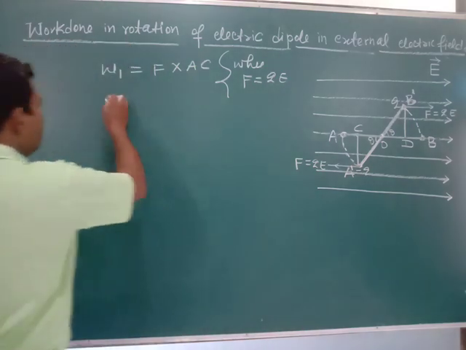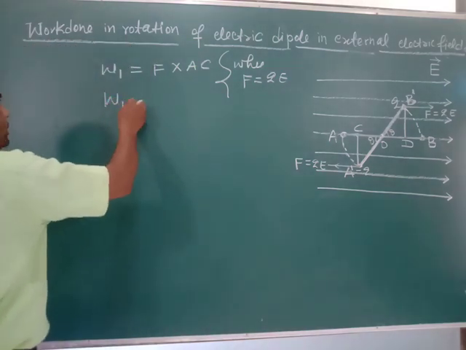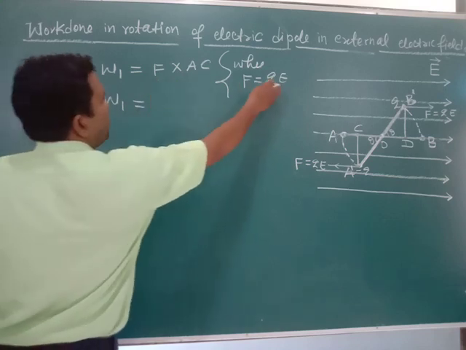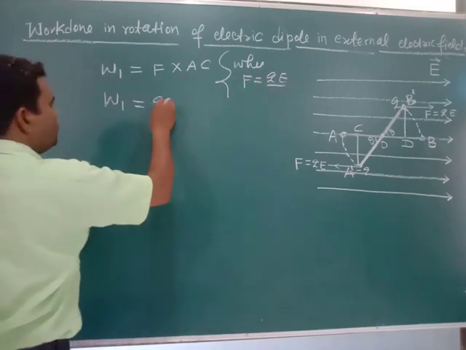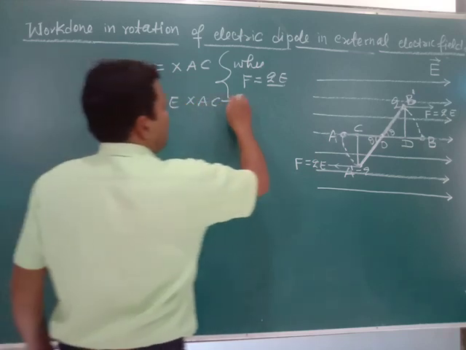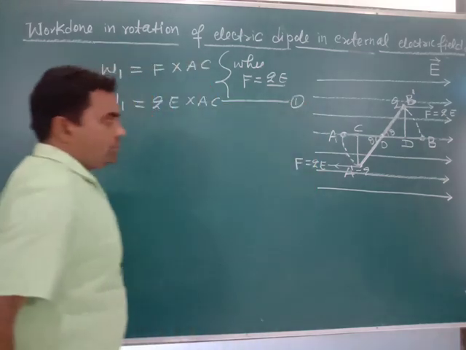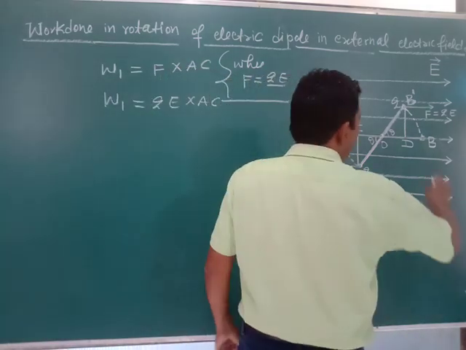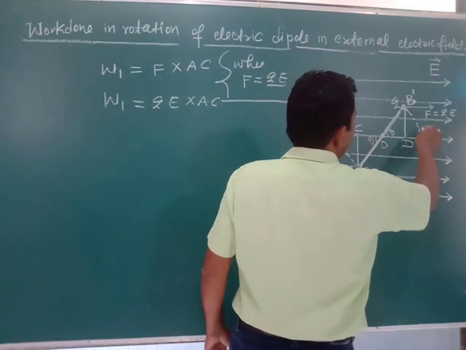So W1 is equal to qE into AC, expression number 1. Similarly, let us take the work done for charge plus q.